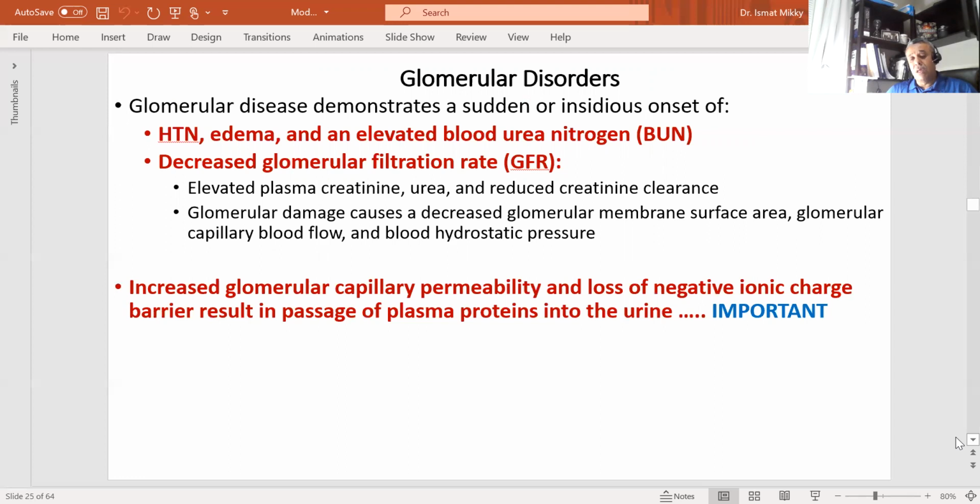It will encourage the plasma fluid to move into the interstitial space. The loss of protein in the urine from the plasma results in a decrease in colloid osmotic pressure, so the fluid will be shifted to the interstitial space. And when the fluid leaves the plasma to the interstitial space, that is called edema.